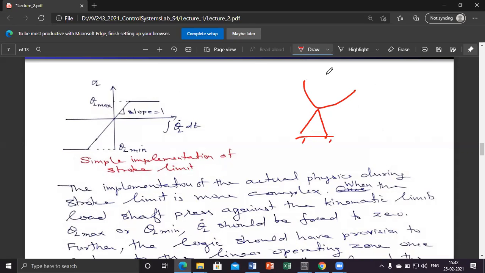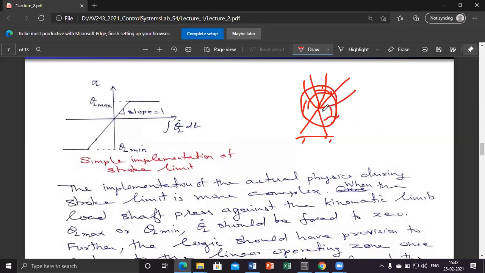If this is the center line of the antenna, it can deflect a maximum of plus 30 degrees or minus 30 degrees, because you are attaching some motor mechanism, some bracket, so many things will be there. It will not allow it to rotate indefinitely like a motor.